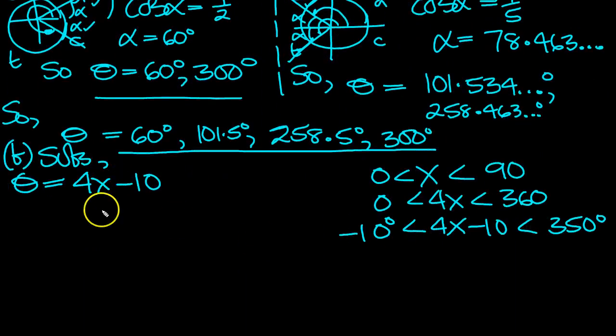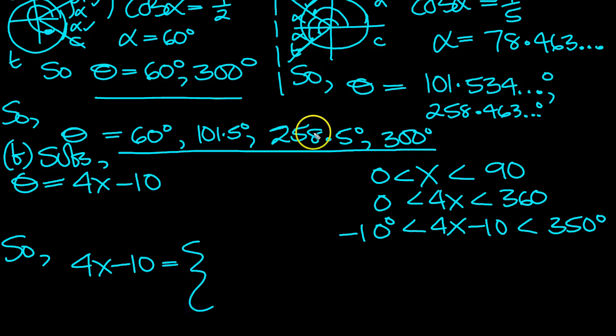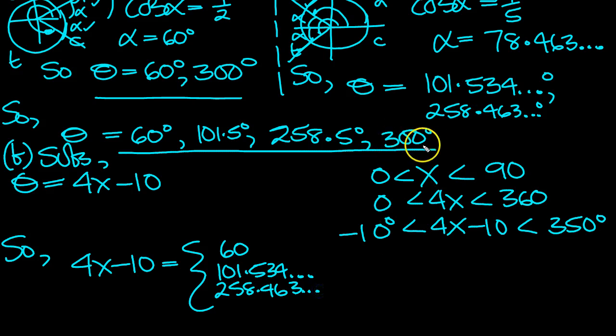So 4x minus 10 will equal these four things, the 60, the 101.534, the 258.463, we'll round at the end, and then the 300.